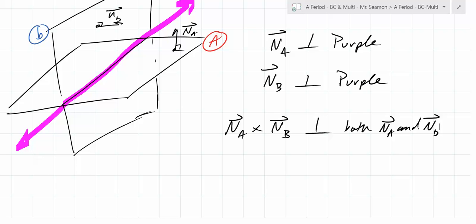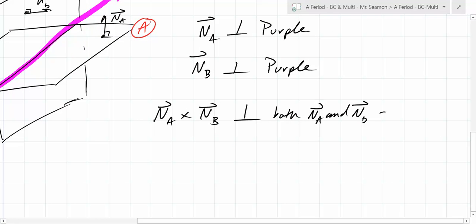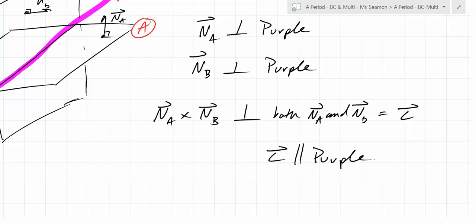I'm just writing out what we just said. When you cross two vectors, what do you get? You get a vector that's perpendicular to both. So this new vector, let's call it C. Therefore, we know that C has to be parallel to the purple. If you cross two things, you get a perpendicular vector. We know that the purple is perpendicular to both of them already. So whatever the cross product is has to be parallel to the purple vector.